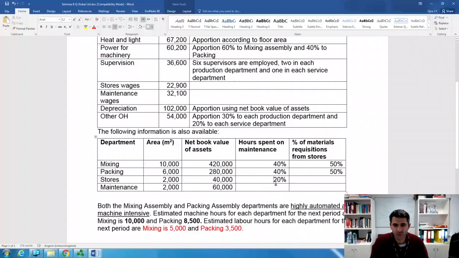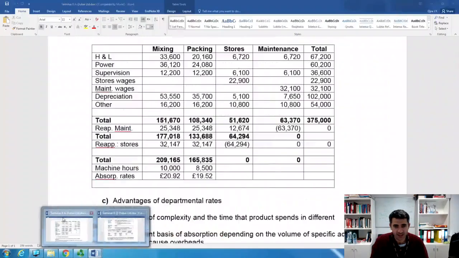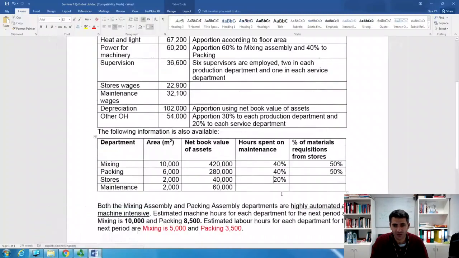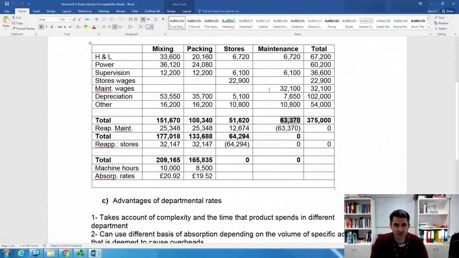So the total maintenance cost, £63,370, you multiply by 40%, 40%, and 20%. And as you see, we did it here.